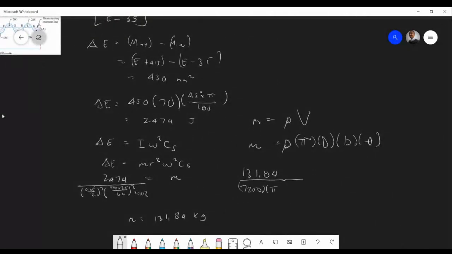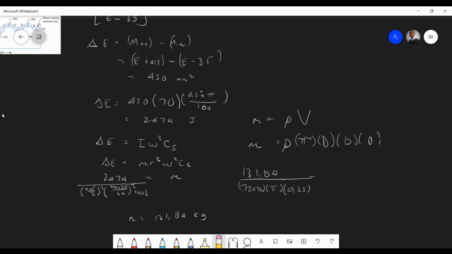You times it by pi. So easy, right? What is d again? 0.65. That was supposed to be a t here, right? I don't know why it doesn't look like a t. So let's just quickly leave that as is. Obviously, this will give me the area. So I'm just finding the area first.